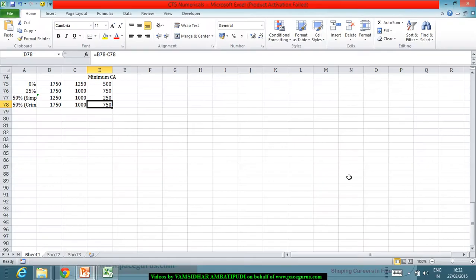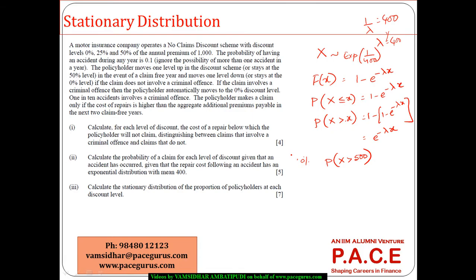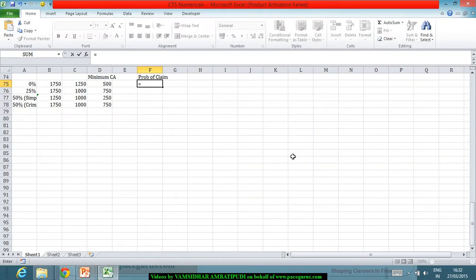The probability of a claim is what I want to bring out. The probability that a claim is getting made here is e to the power of minus lambda x, where lambda is 1 by 400 and x is 500. So this works out to around 28.65%.